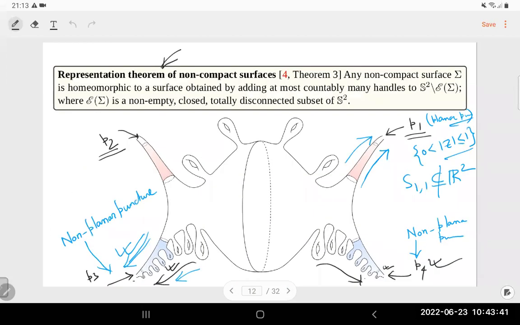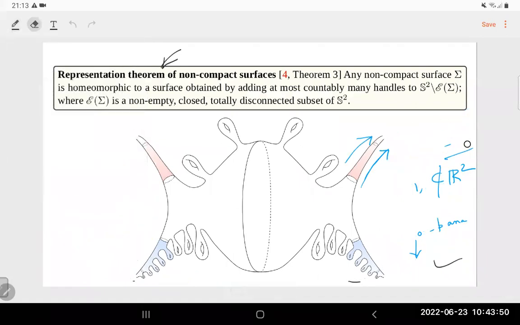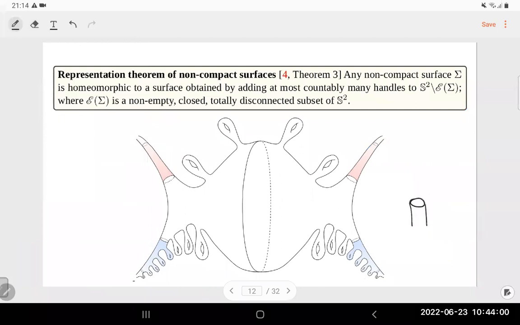Notice that the representation theorem says that any surface is obtained by deleting punctures, then accumulating these punctures by handles, right? So when I'm considering the disk in the Goldman inductive procedure, this disk is nothing but this portion.